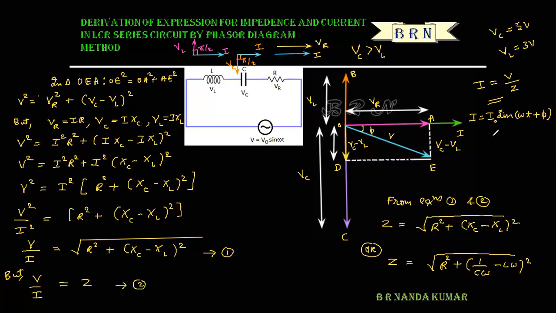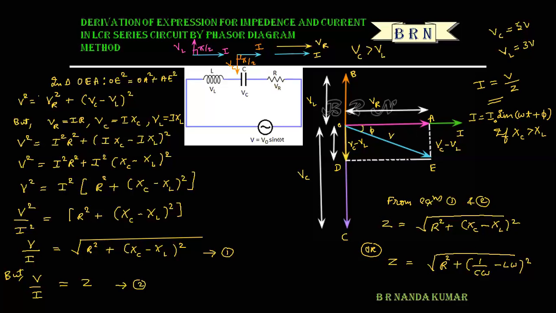So actually here the current leads the voltage. Current leads the voltage by an angle phi radian. So I is equal to I naught sine of omega t plus phi if XC is more than XL.